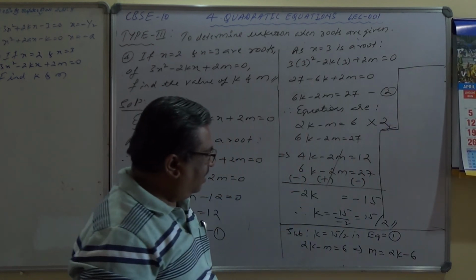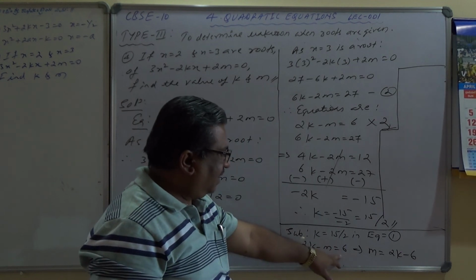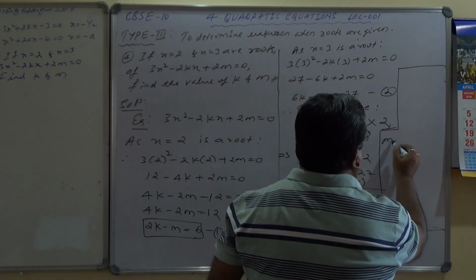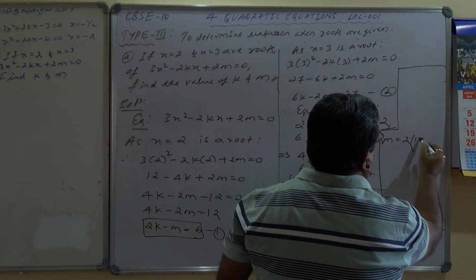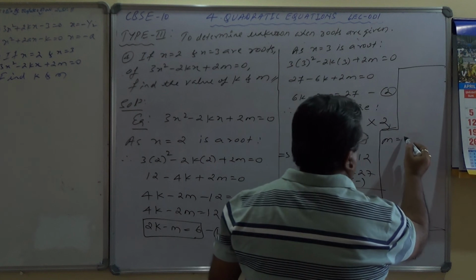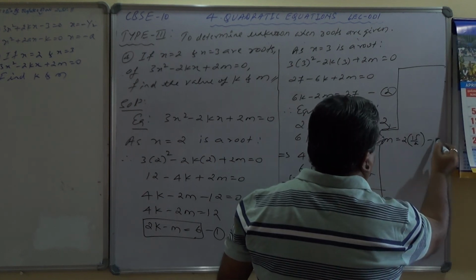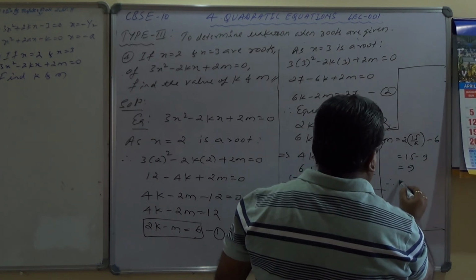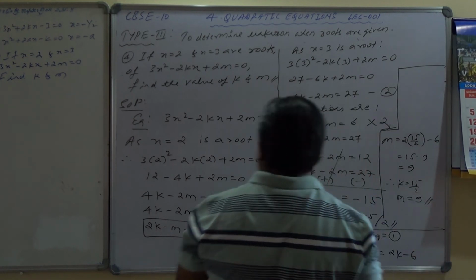Now what are we doing? From equation 1, m equals 2k minus 6. So m equals 2 times, what is the value of k? 15 by 2. m equals 2 into bracket 15 by 2 minus 6, which equals 15 minus 6, which is 9. Therefore k equals 15 by 2, m equals 9 is the answer.